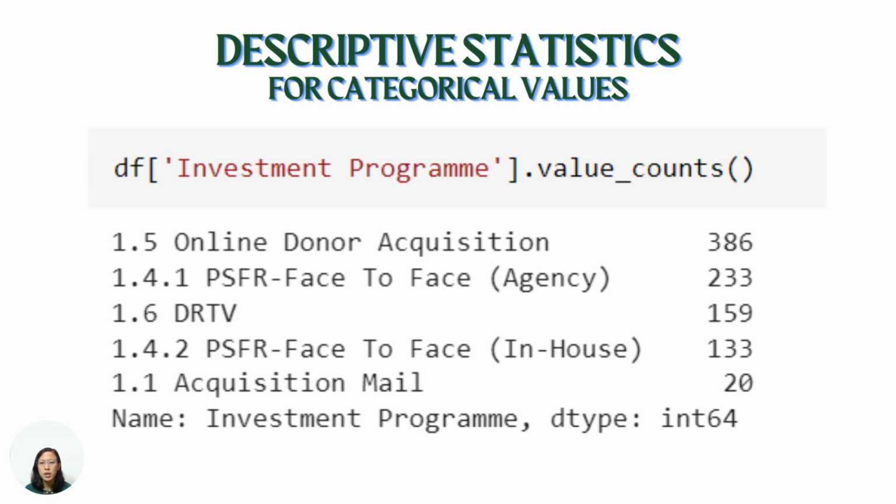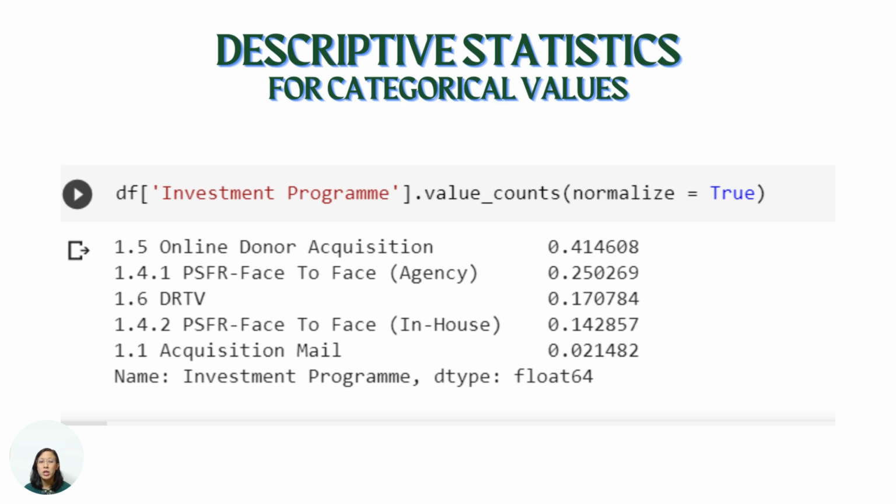So it could be possible that we don't have a lot of progress in other acquisition mail, or this data set didn't include it. So this shows imbalanced data. By just checking the value counts, you can see for each variable whether the data is balanced or not. We can also use value counts and set the parameter normalize to be true to compute the percentage.